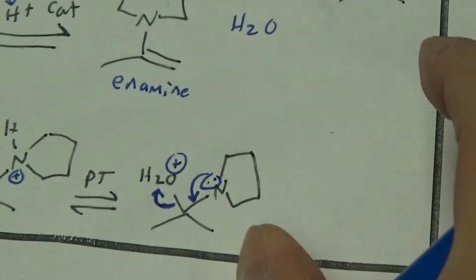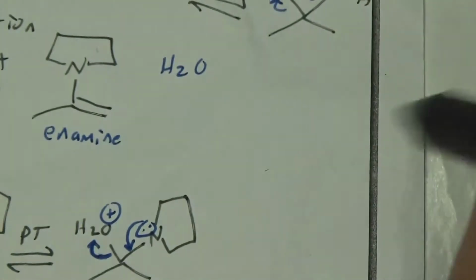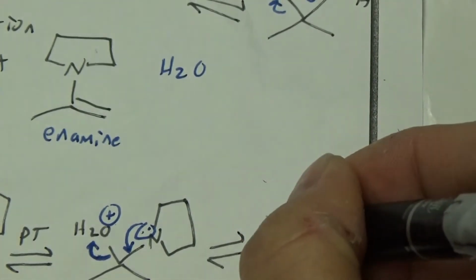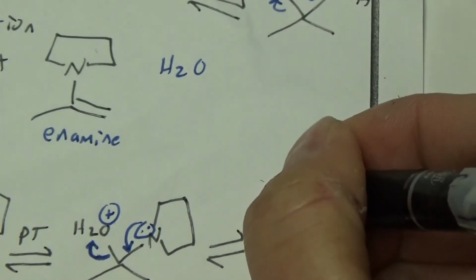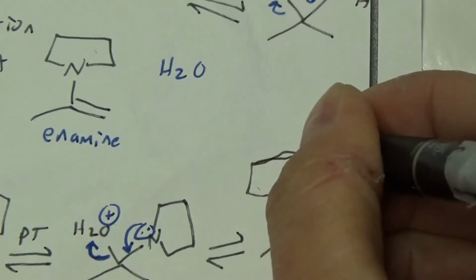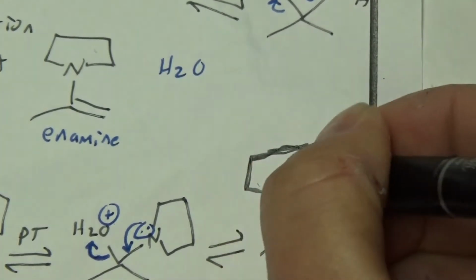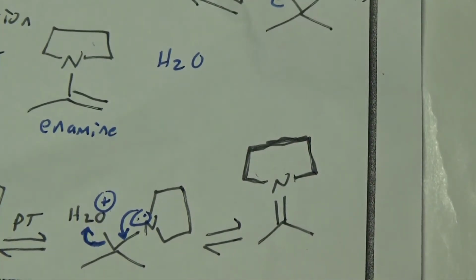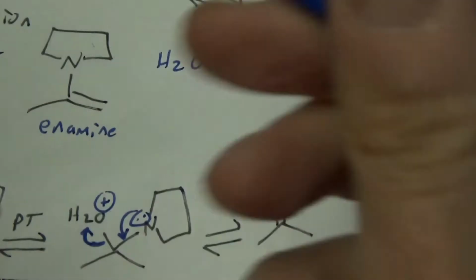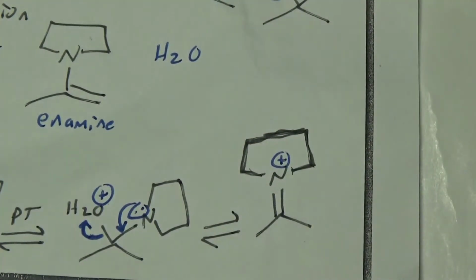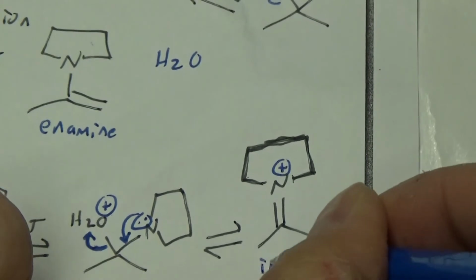And that makes a thing that kind of looks like an imine, except it has a funny charge. Where's the funny charge? It's on nitrogen. So for that reason, we don't call it an imine, we call it an iminium.